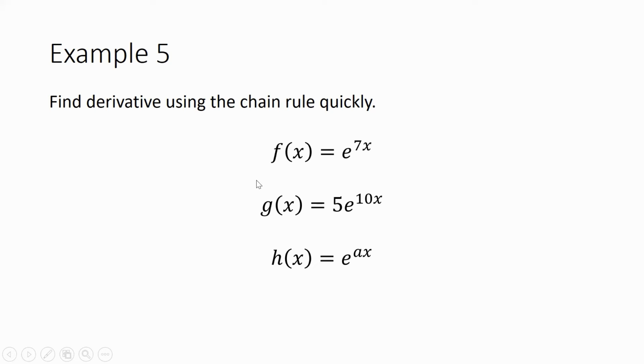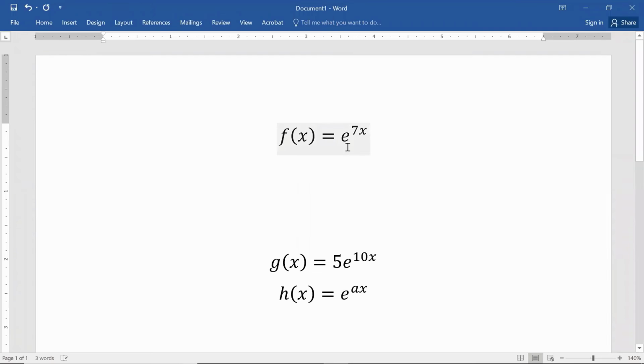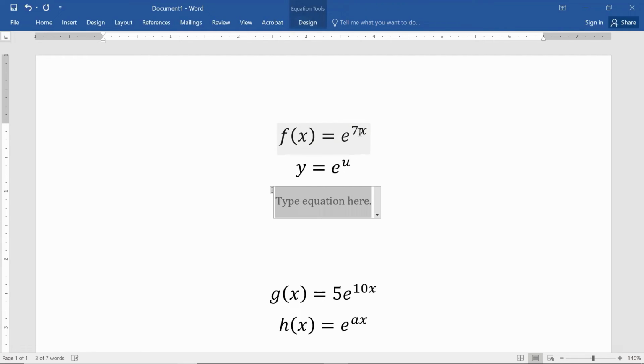Let's use those quick applications to determine how to quickly find derivatives of these exponential functions. In this third function, the variable a represents any real number. F of x equals e to the 7x. For the derivative of that, think y equals e to the power u.